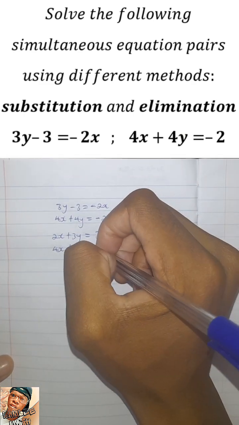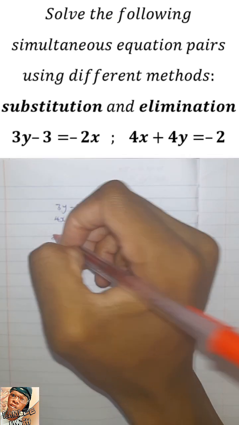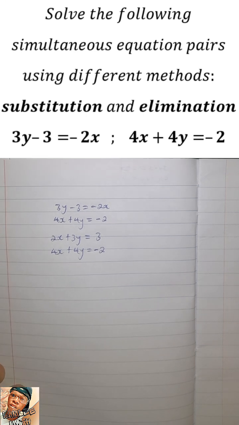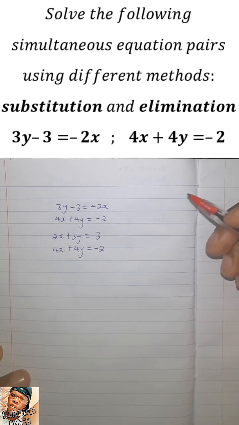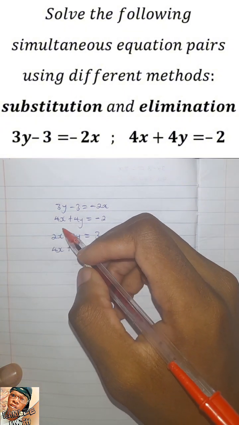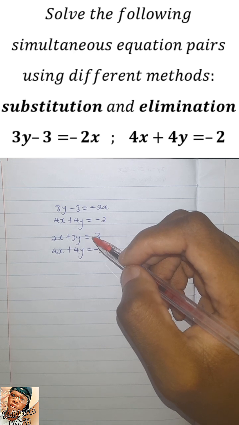Right? And then now when we get here, remember, we're going to manipulate equation 1 so that we have the same coefficient of the same variable that we're trying to eliminate in both equations. So because in the first example we eliminated x, in this example we're going to eliminate y, right?